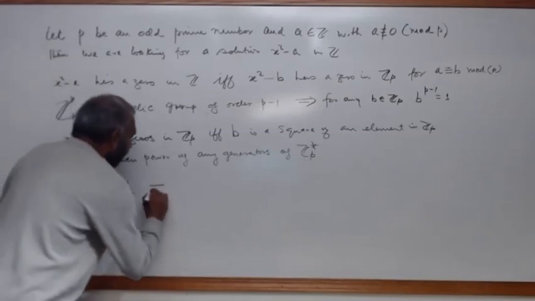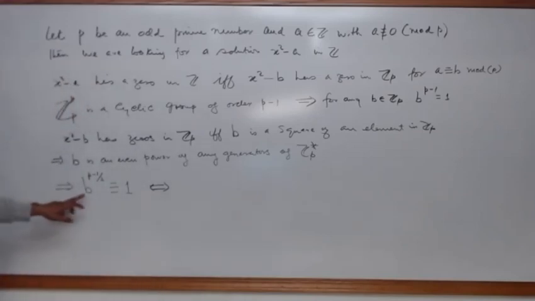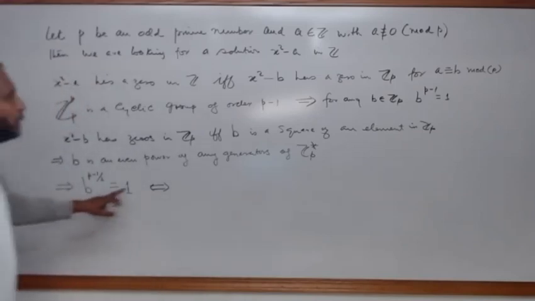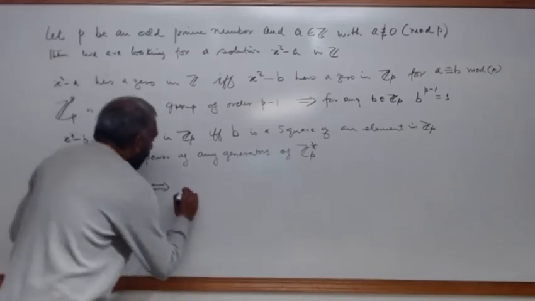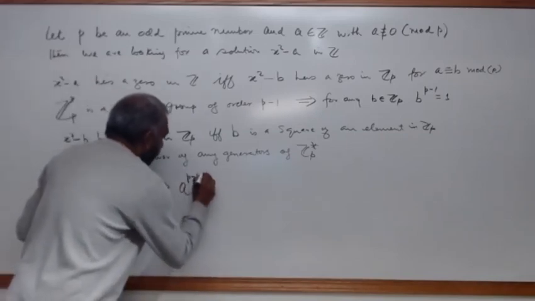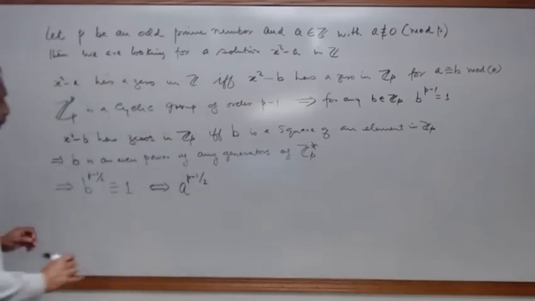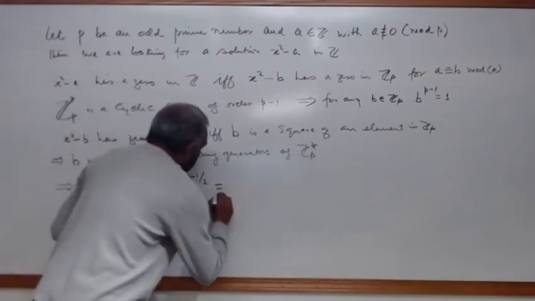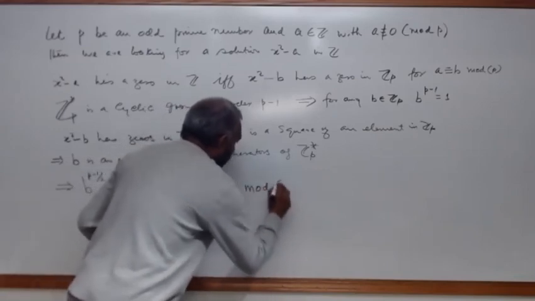So that implies, as if and only if, we are taking b in Zp. So this is equivalent to saying a to the power of p minus 1 by 2 is equivalent to 1 mod p.